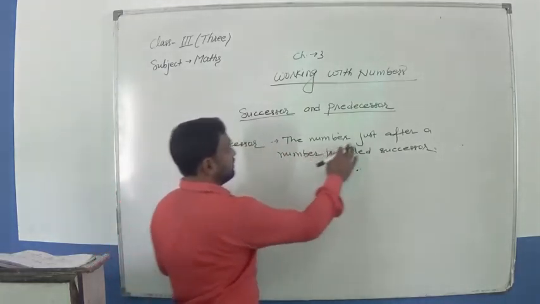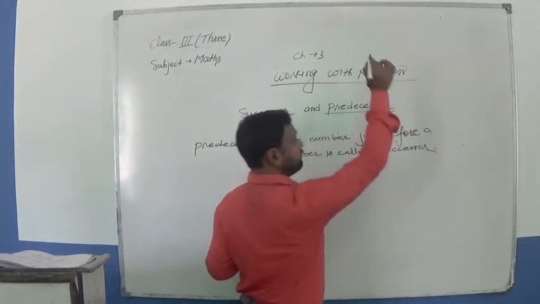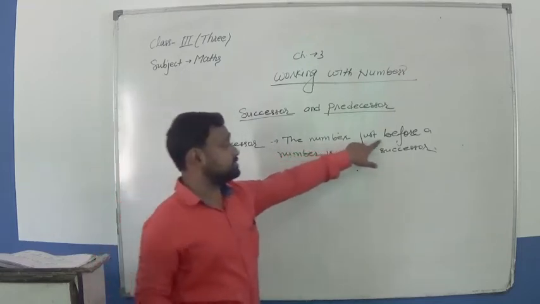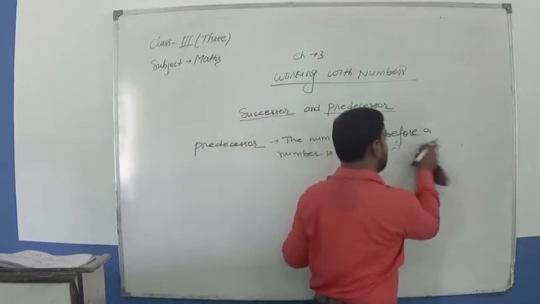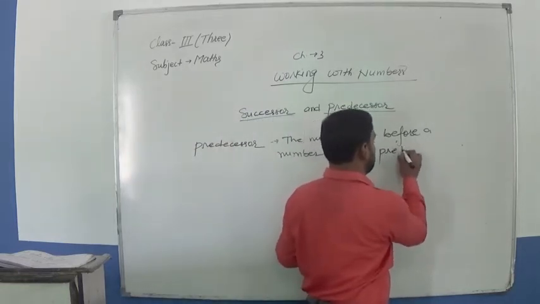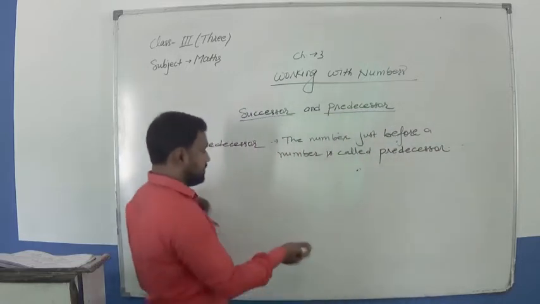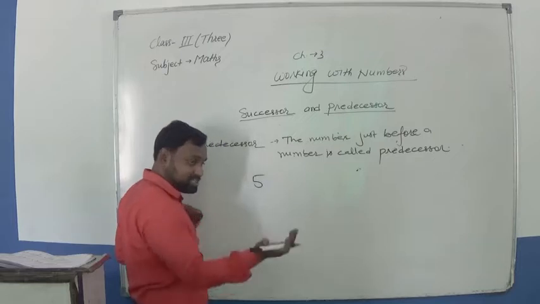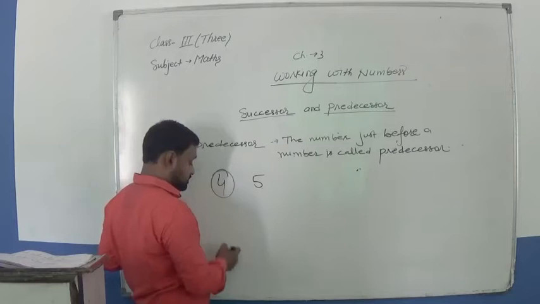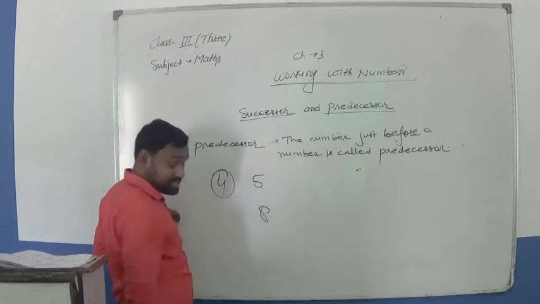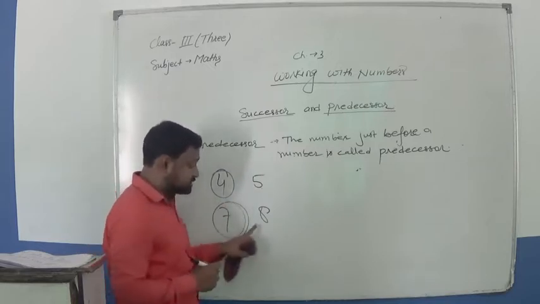Suppose 5. What is just before 5? It is 4. 4 is the predecessor of 5. Suppose 8. What comes just before 8? It is 7. 7 is the predecessor of 8.